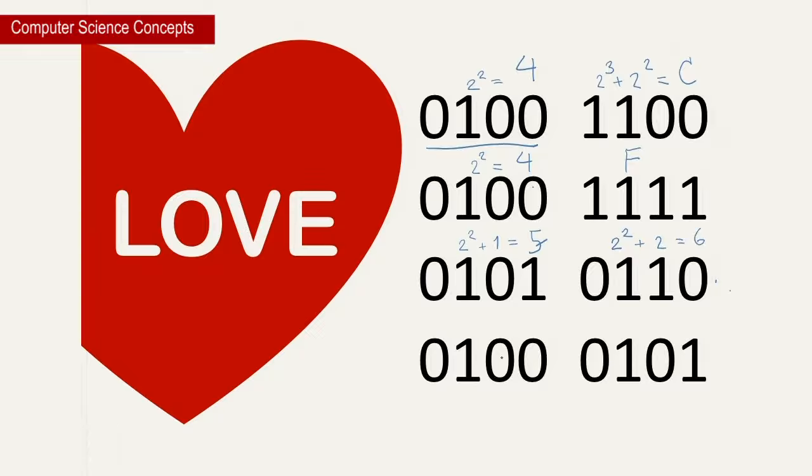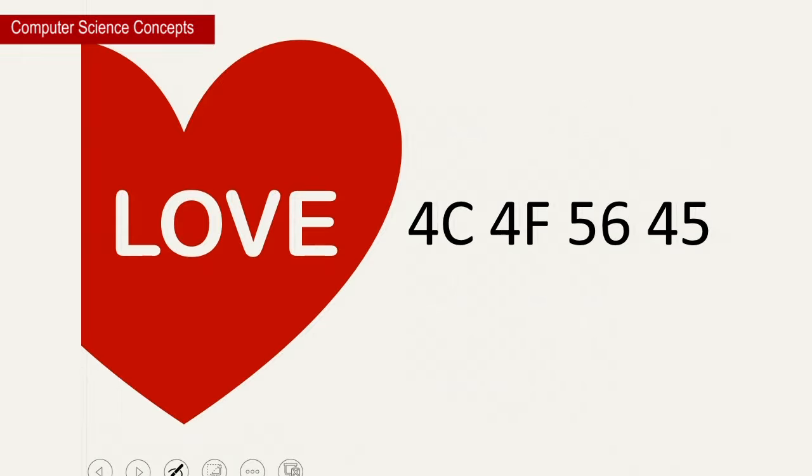Then this one is again 2 squared, it is 4. The last one, 0, 1, 0, 1, which is 2 squared plus 1, which is 5. So we find that with hexadecimal notation, our love is a lot simpler to understand.